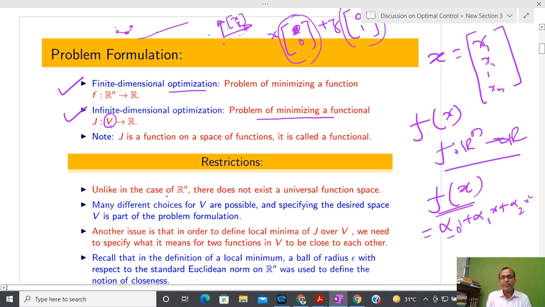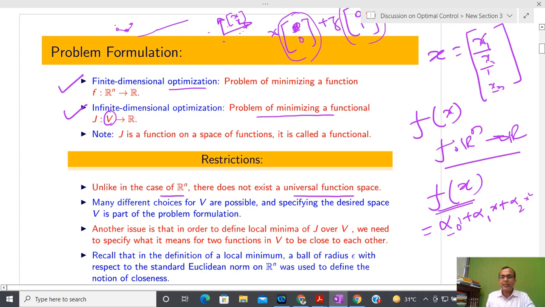So in a finite dimensional optimization problem, whatever function we have defined, the argument of that function is some kind of real number. Due to that reason I have written that, unlike the case of Rn, there doesn't exist a universal function space. Whenever we are defining a functional, that is a function of a function, so the argument of that function comes from some function space, and a function space can be defined in many different ways.